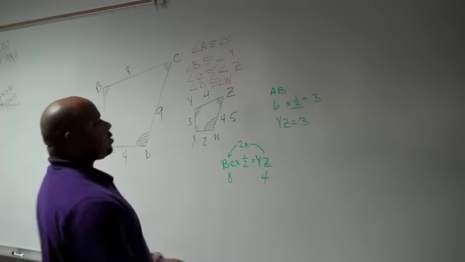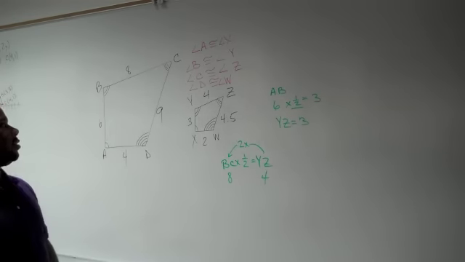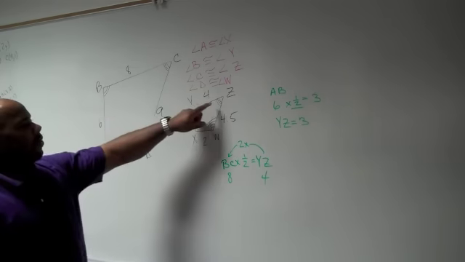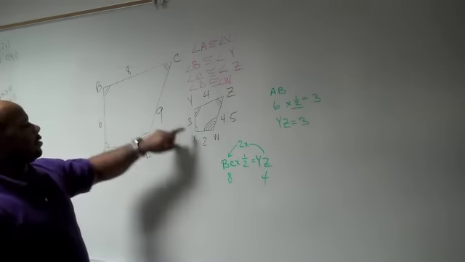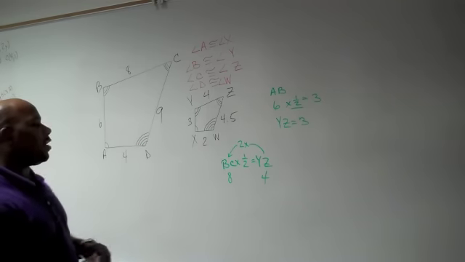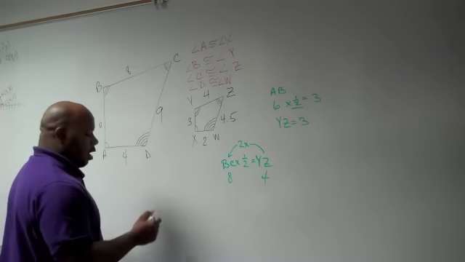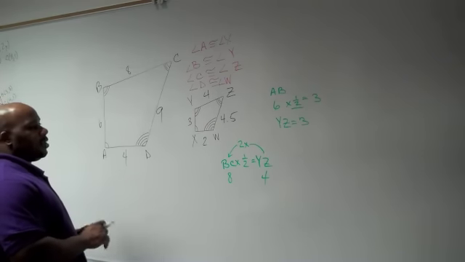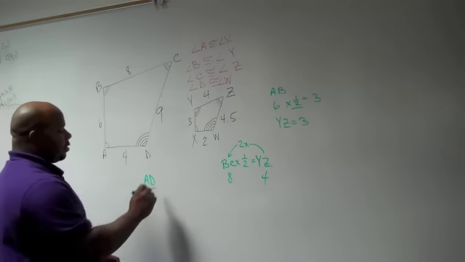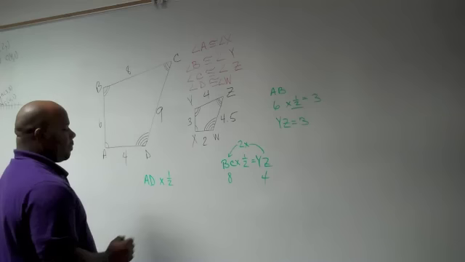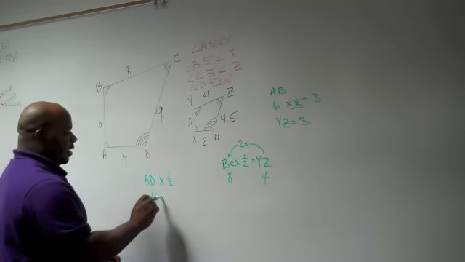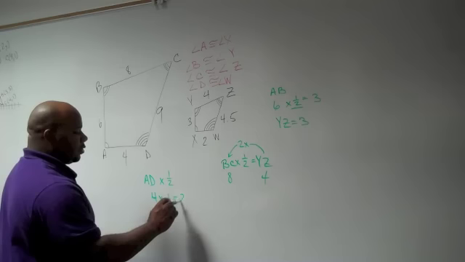Okay, class, let's look at our last two sides. We've compared side BC to side YZ. We compared side AB to side XY. We now have to make sure side AD and XW have the same proportion. So again, let's take AD, and let's multiply it by 1/2. AD is 4, so 4 times 1/2 gives us 2.